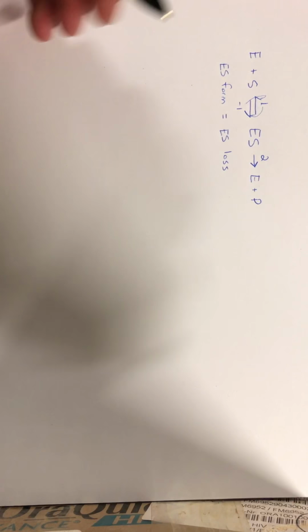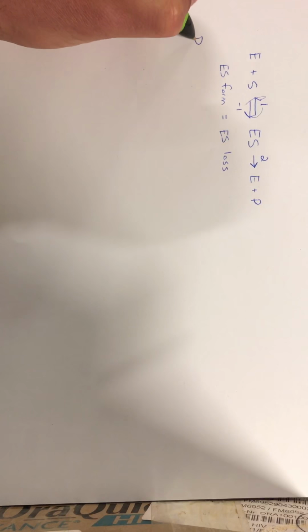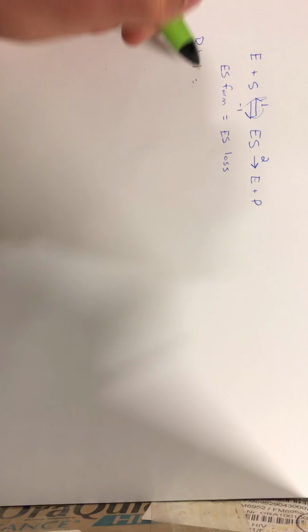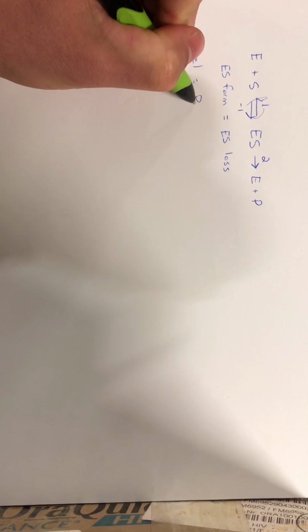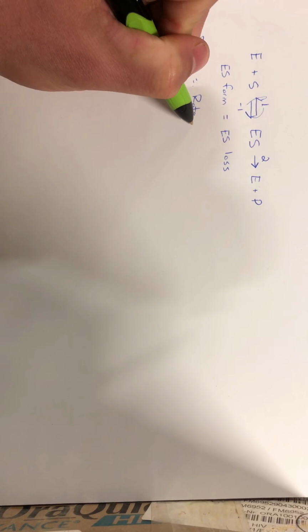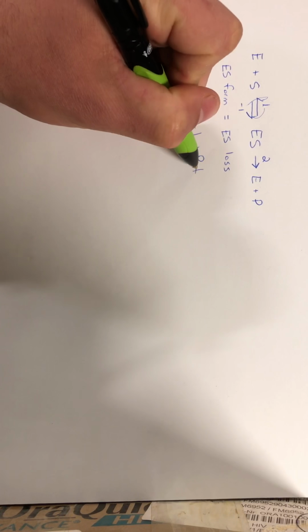We can write this out with the numbers that we put on the equations here, so we could say that rate 1 is equal to the rate of our -1 added to our rate 2.